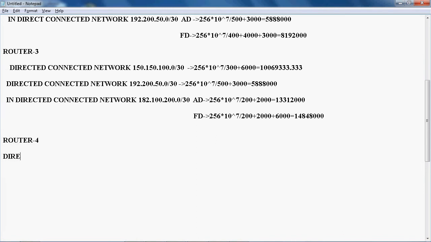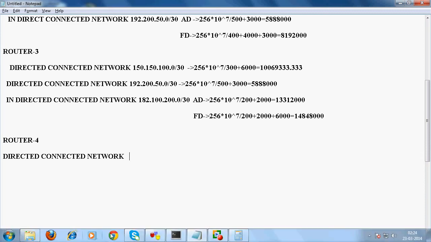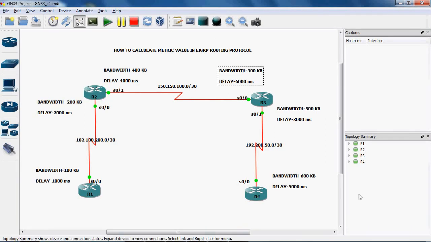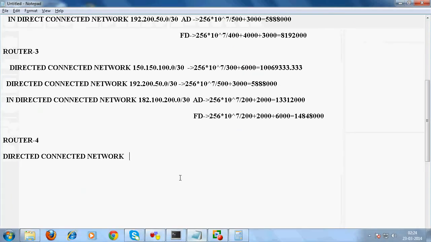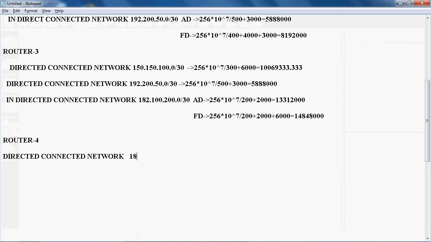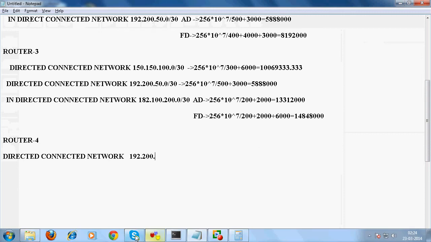So the direct connected network of the R4 router is 192.200.50.0.